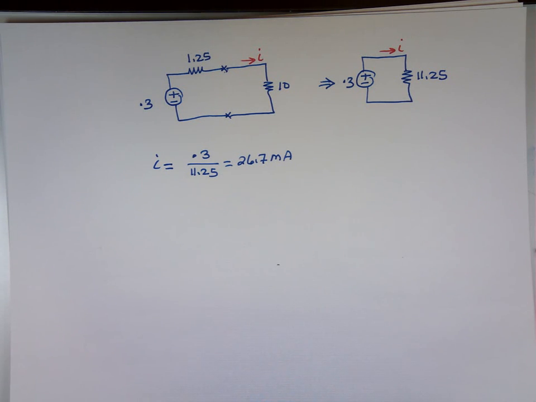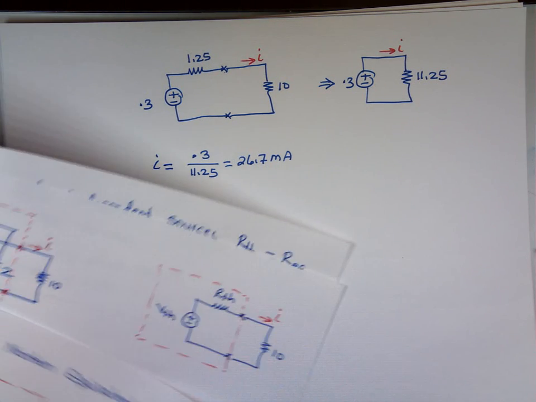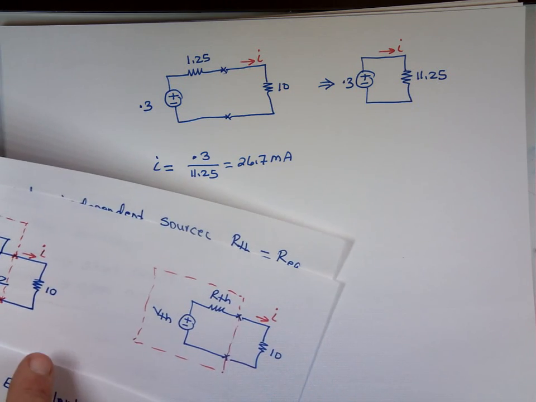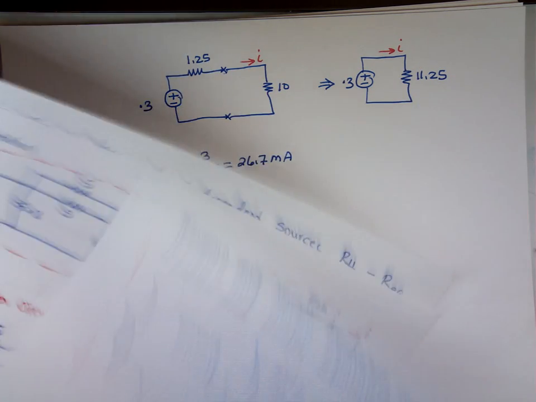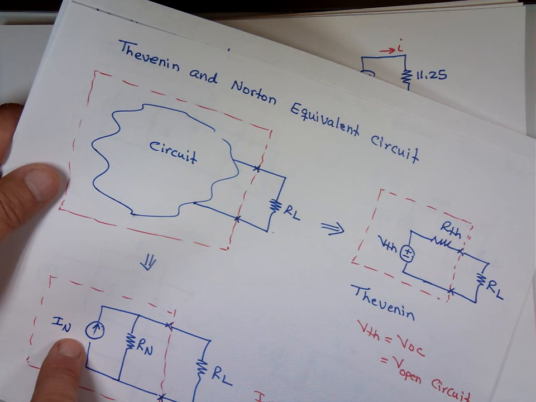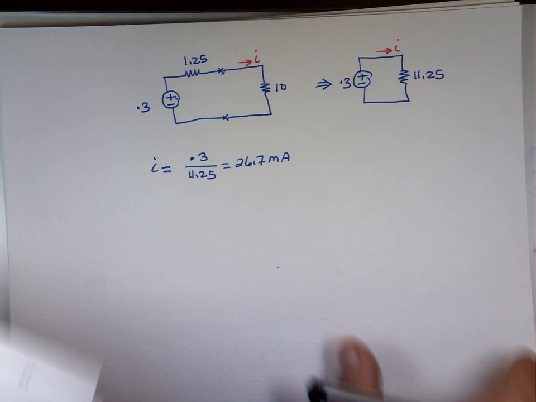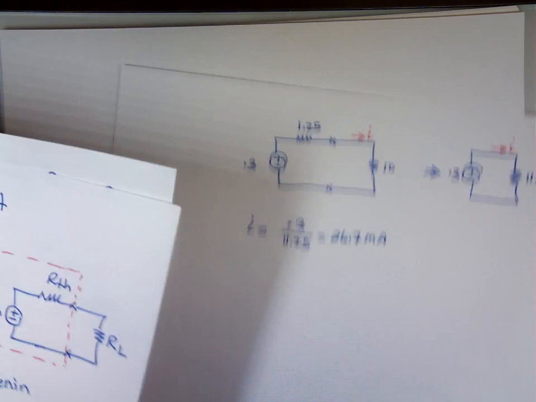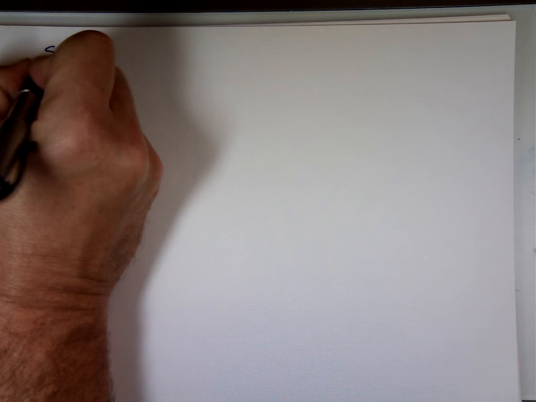Now, if I wanted to find the Norton equivalent for the same circuit, this is a Thevenin. For the Norton for the same circuit, I'm going to repeat the process, but instead of using V Thevenin, I'm going to find I Norton. So I'll do that again. Redo the same problem. Same problem, previous problem.